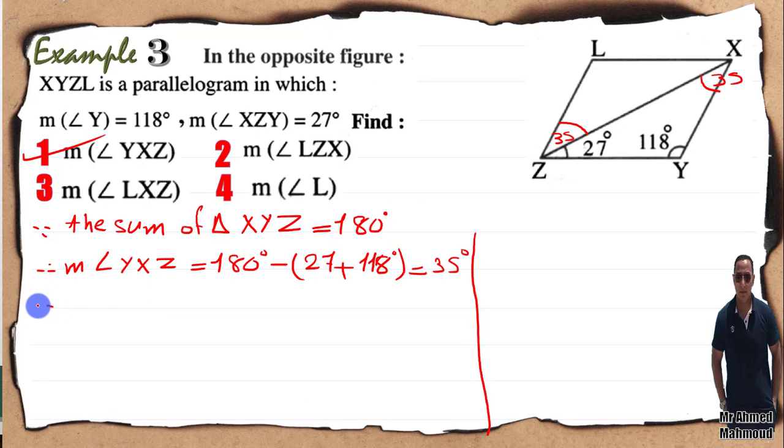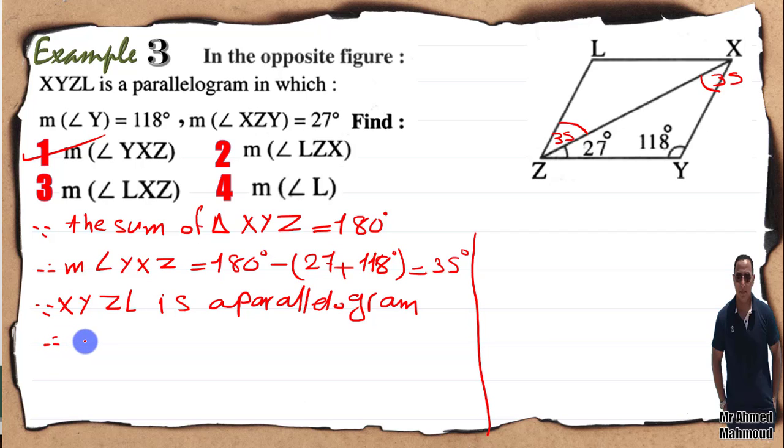Since XYZL is a parallelogram, therefore XY is parallel to YL.